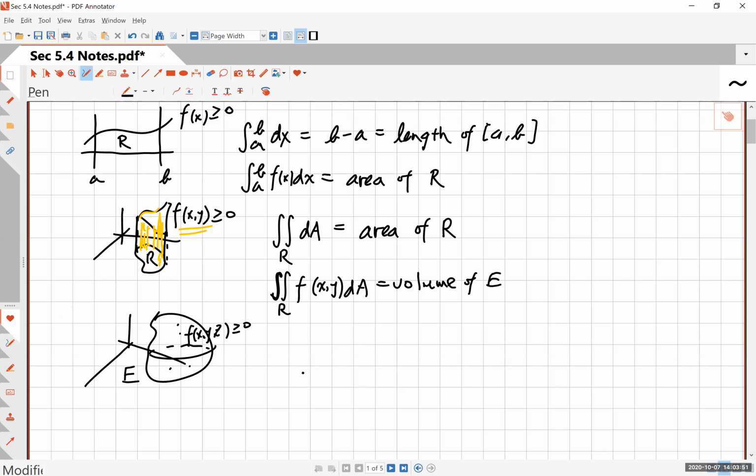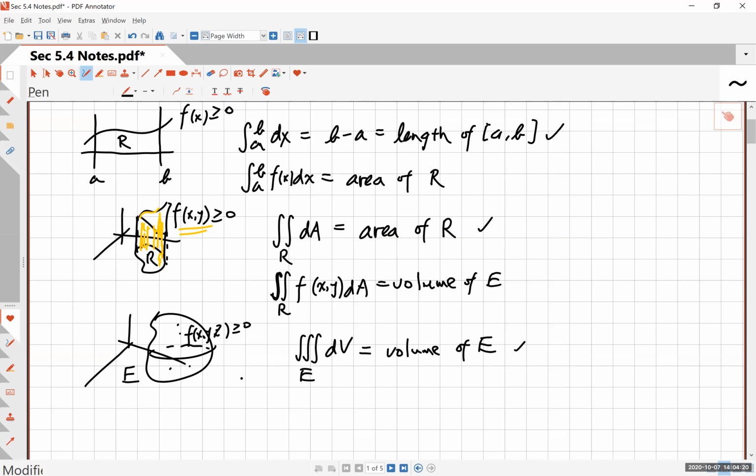Now, if I take the triple integral, which I will define in a moment, and then just do this dV, which will be, as you expect, dy, dx, dz, or any kind of permutation of that, not surprisingly, this will just give you the volume of E, right? So this is very much like the length, and the area, and the volume. And in fact, this is the definition of the volume moving forward.